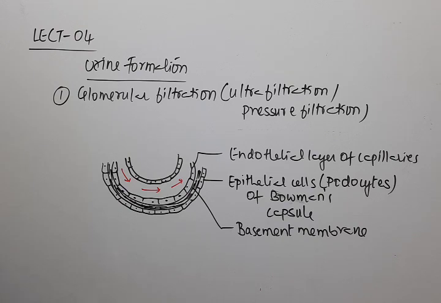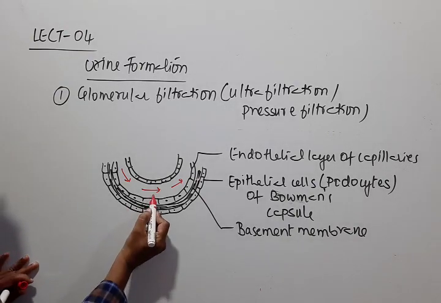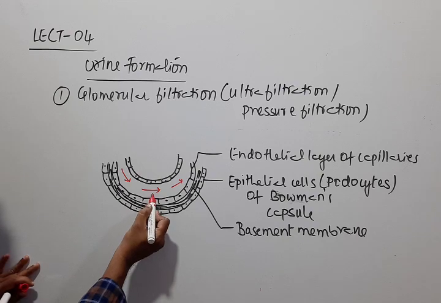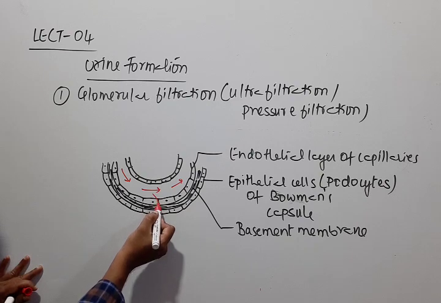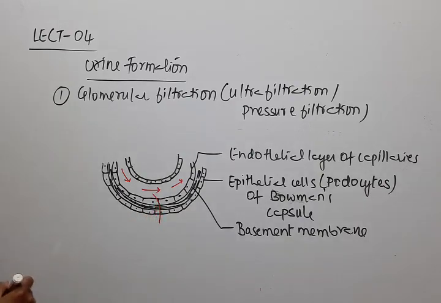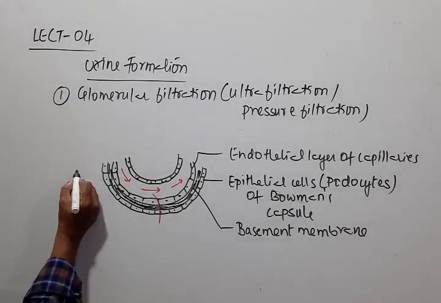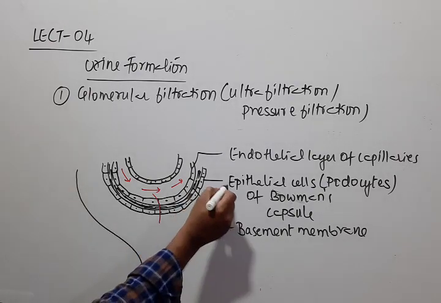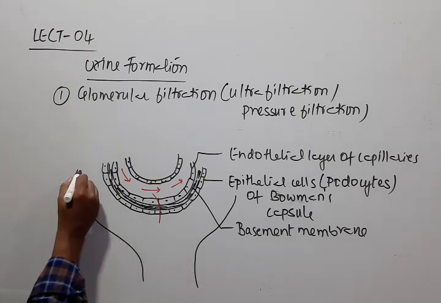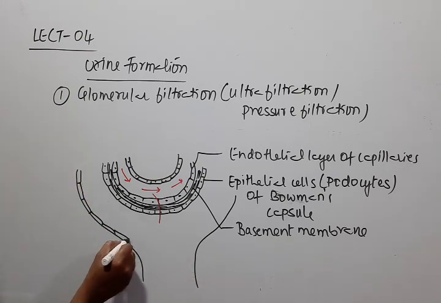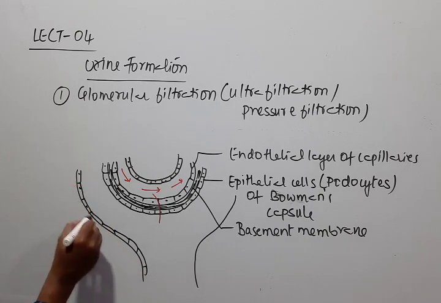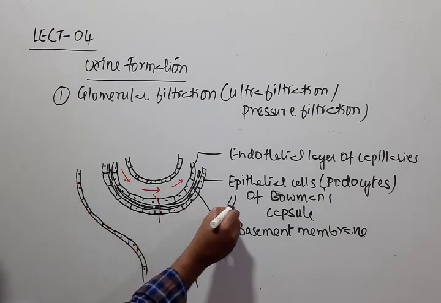The difference in these diameters causes the pressure in the glomerulus, which helps in the filtration of substances from the blood. Certain substances will pass through the endothelial layer of the capillaries, then the basement membrane, and then the epithelial cells, and then enter the Bowman's cup. Already we have seen the structure of this Bowman's capsule in our last sessions.